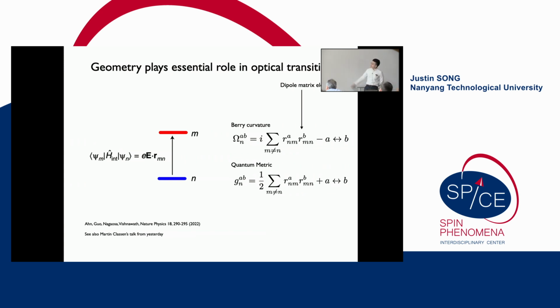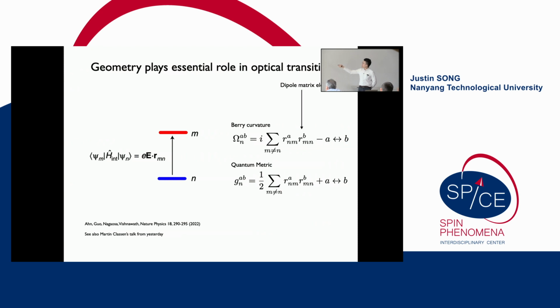It turns out that these dipole matrix elements R_mn are actually the basis for quantum geometry, right? For instance, the Berry curvature in band N is defined in terms of products of these dipole matrix elements. Of course, you need to sum across all bands that are not N, but the Berry curvature in band N is determined by your dipole matrix elements. The same goes for the quantum metric.